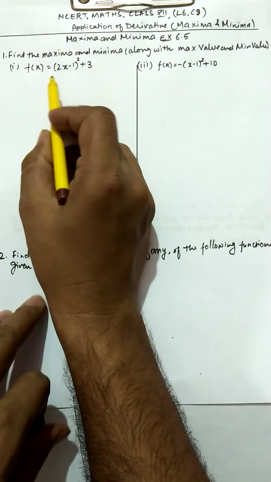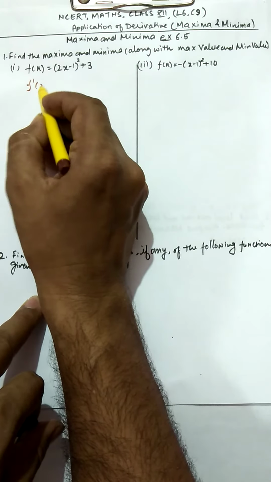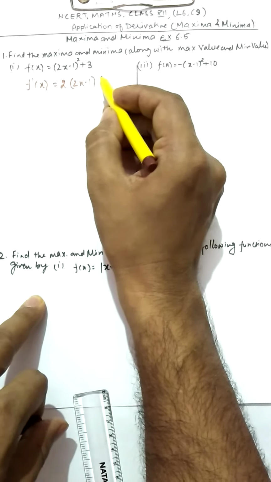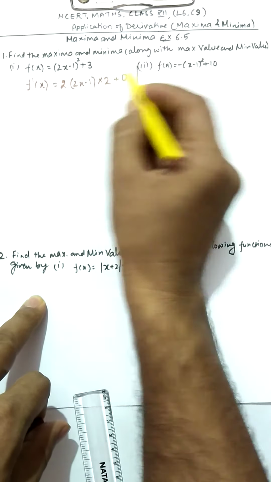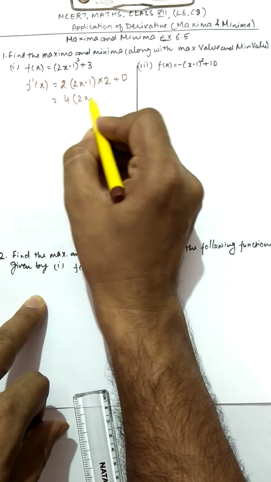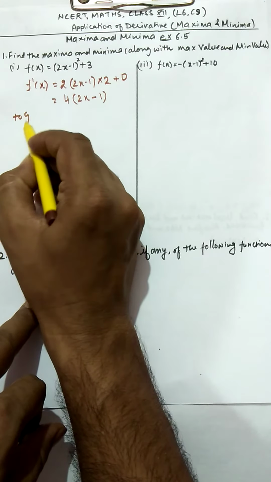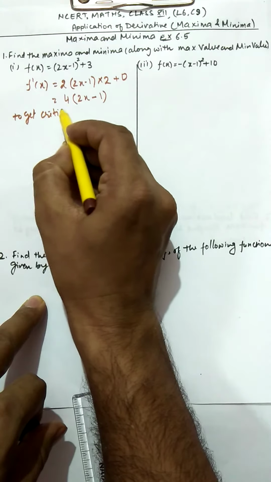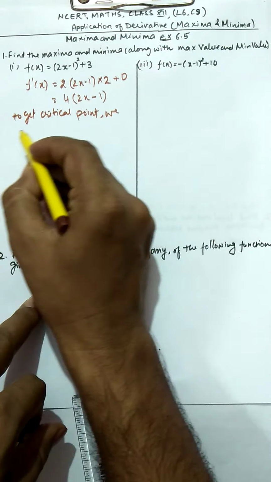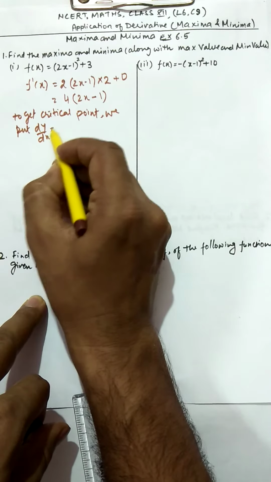So this is the function f(x) = 2(2x - 1)^2 + 3. We'll find f'(x), that will be 2(2x - 1) times 2, plus 0. That can be simplified like this: 4(2x - 1). To get the critical point, we put dy/dx, or you can say f'(x), equal to 0.